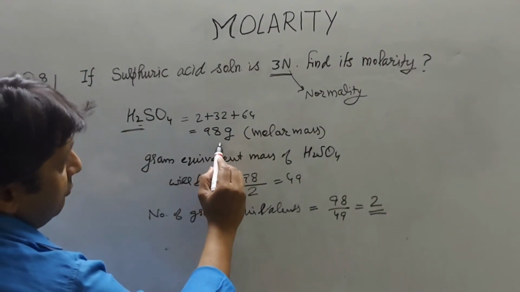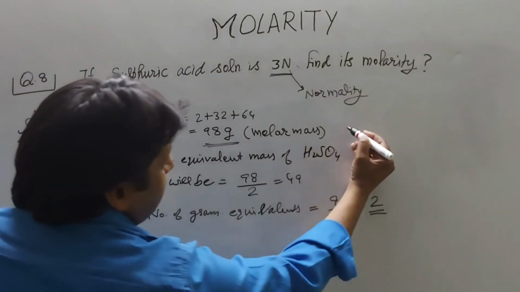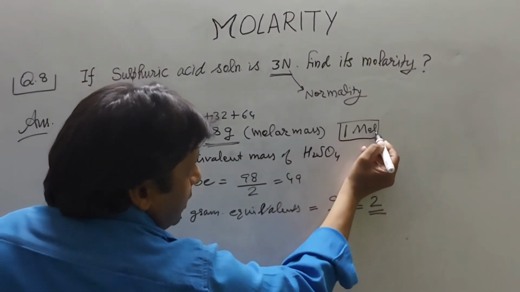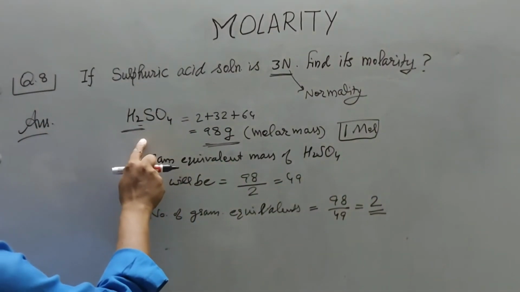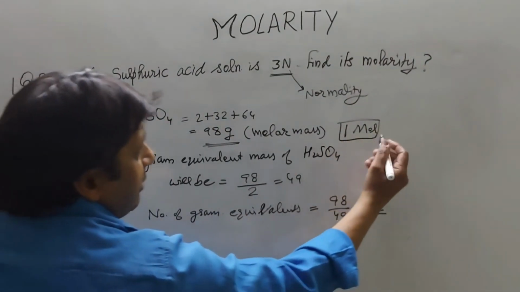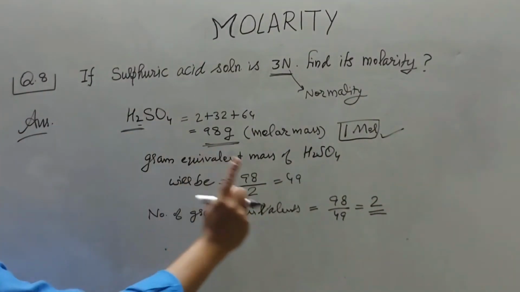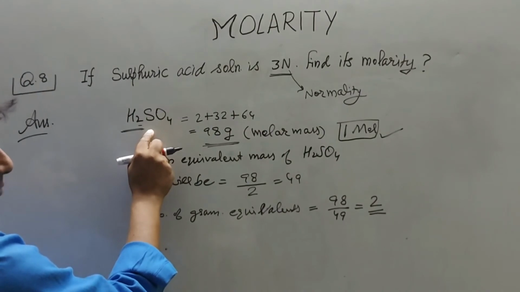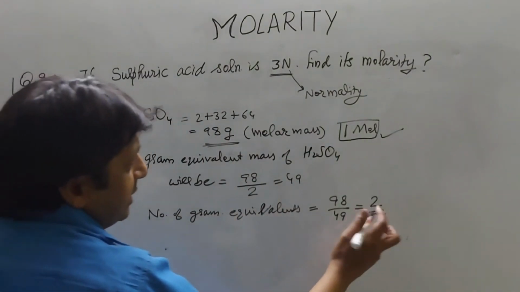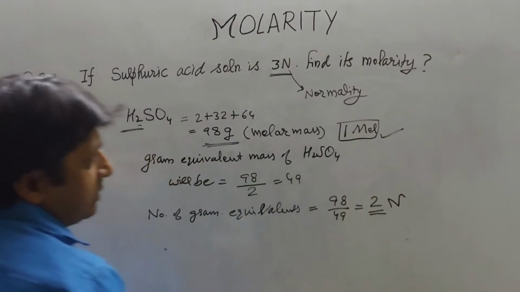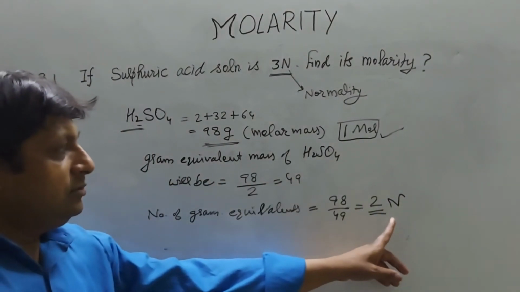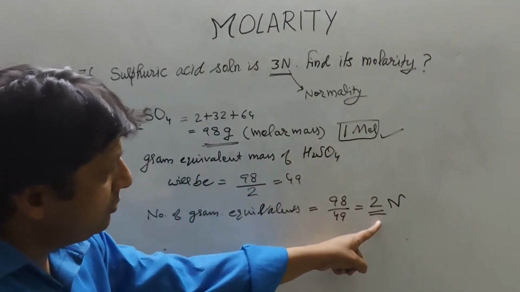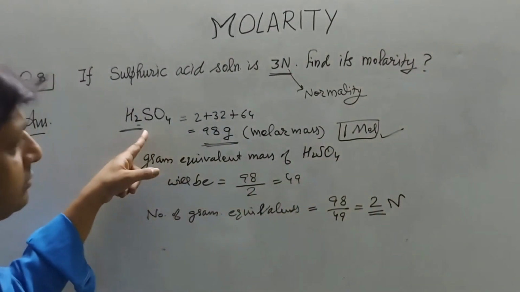If we dissolve 98 gram, that is 1 mole of sulfuric acid in 1 liter of water, then we will have 1 molar solution of sulfuric acid. But at the same time we will say it is 2 normal solution. It means 1 molar is equal to 2 normal solution in case of sulfuric acid.